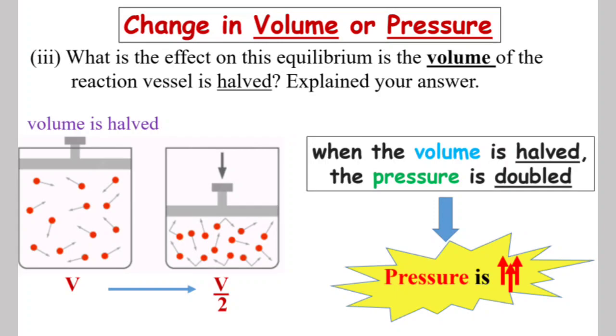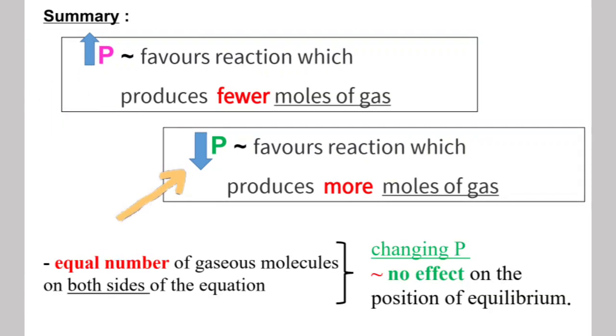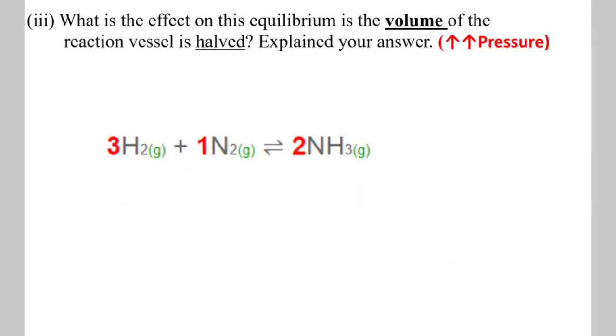In summary, when the pressure is increased, the system will move to the side with fewer moles of gas in order to decrease the pressure. When the pressure is decreased, the system will move to the side with more moles of gas in order to increase the pressure. Now, let's go back to question 3.